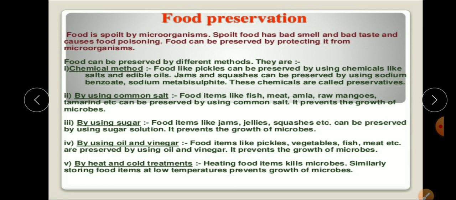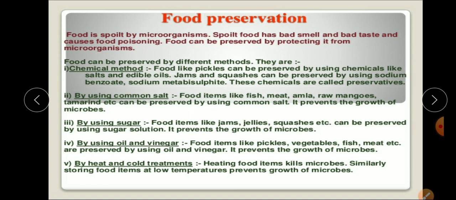The doctor says that this condition could be due to food poisoning, isn't it? What is food poisoning? Food poisoning could be due to the consumption of food spoiled by some microorganisms. Understood?